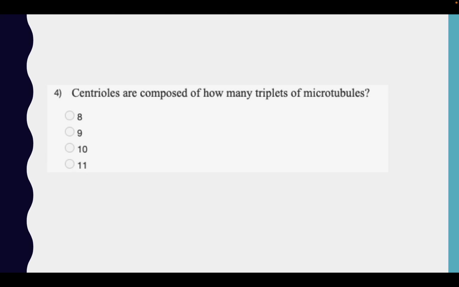This is also kind of memory based only. Centrioles are composed of 9 triplets of microtubules. Okay. It is a cylindrical structure with 9-fold symmetrical arrangement of microtubules.